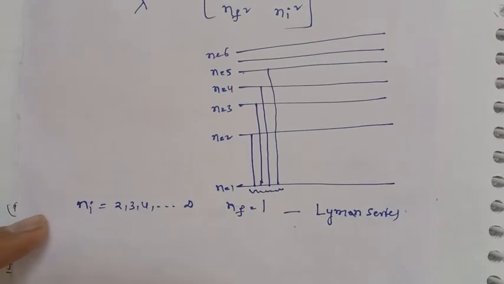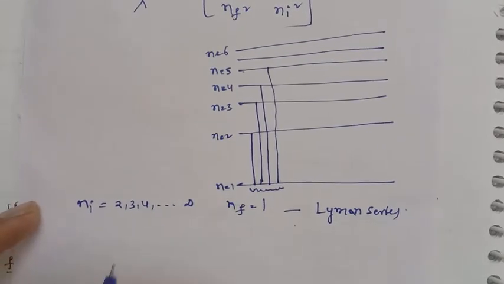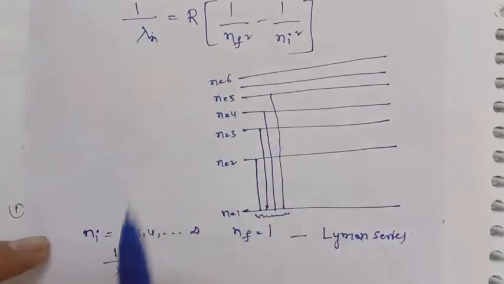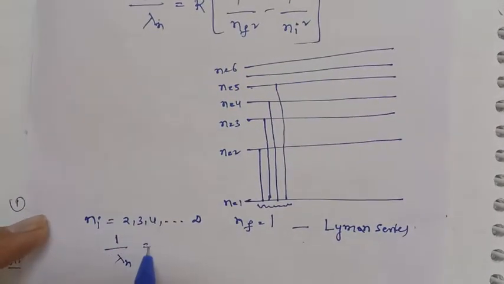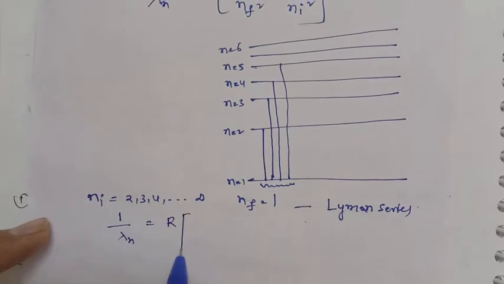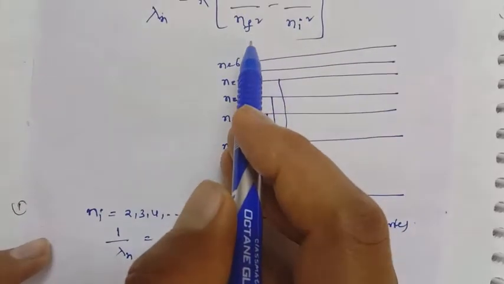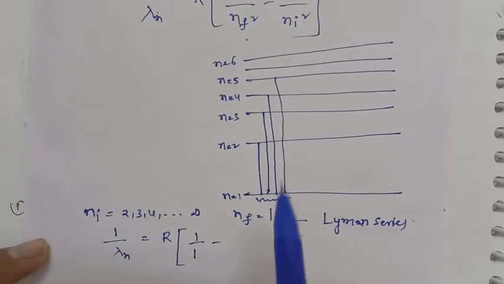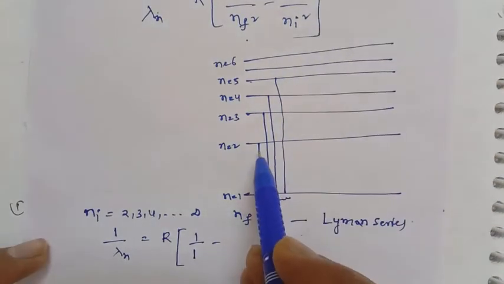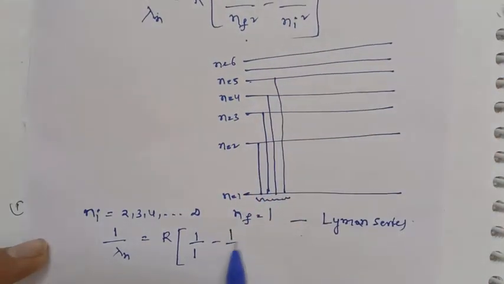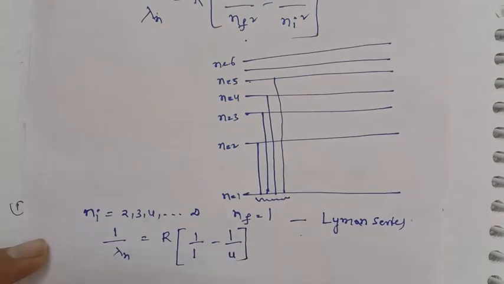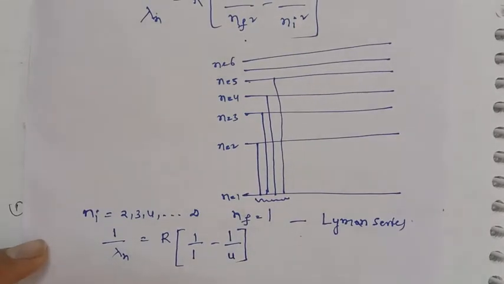At that time, what is the wavelength of this Lyman series? 1 by lambda is equal to R into 1 by nf square, the final energy state, that is 1 by 1, minus 1 by ni square, the initial energy level, 1 by 2 square, and 2 square is nothing but 4.